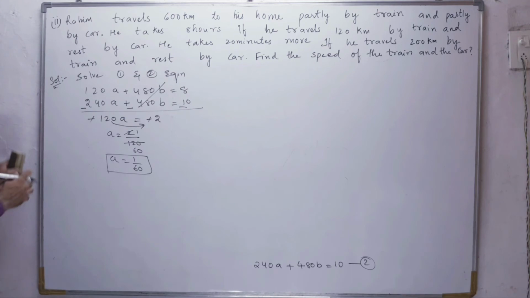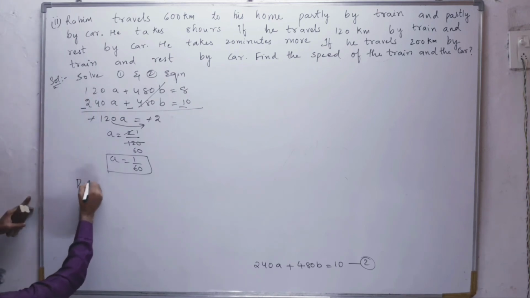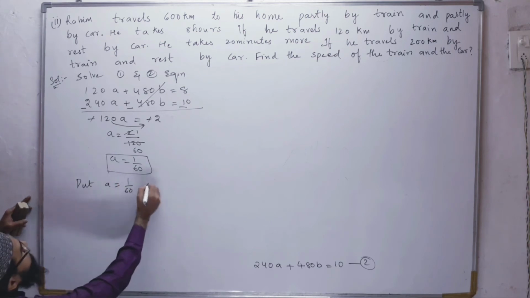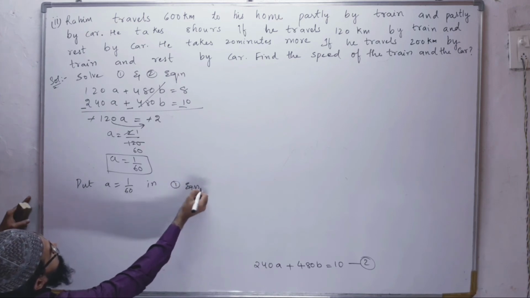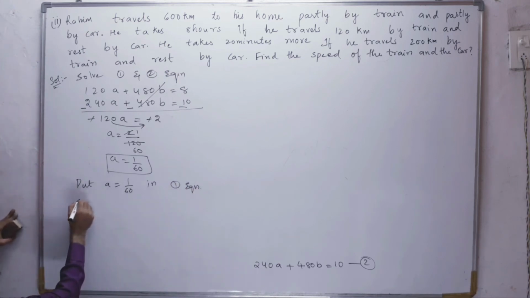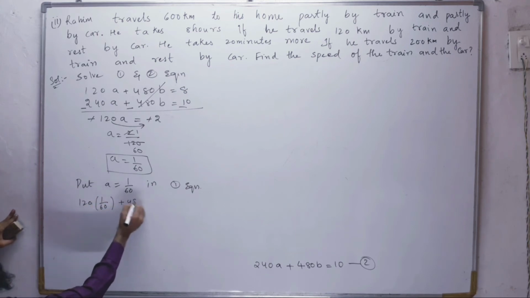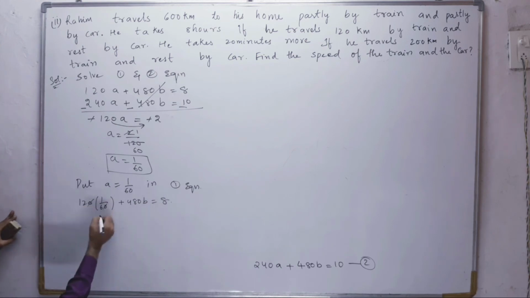To get the value of b, let us substitute a is equal to 1 by 60 in the first equation. So we get 120 into 1 by 60 plus 480b is equal to 8. The zeros cancel, 6 ones are 6, 6 twos are 12, so 2 ones are 2.